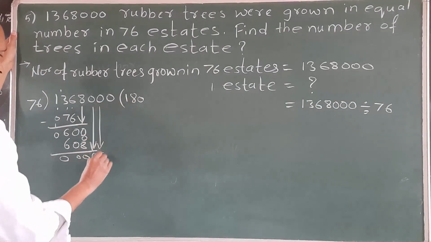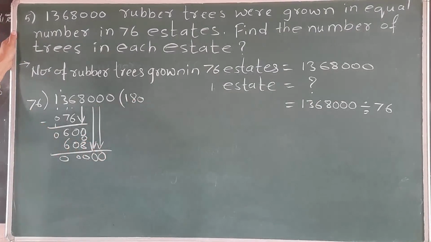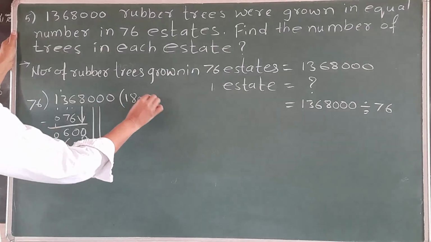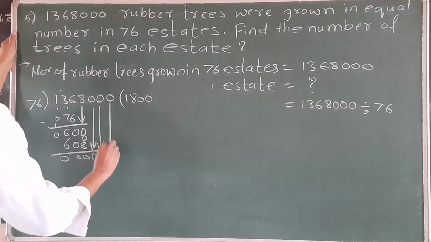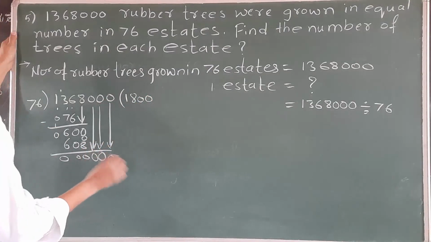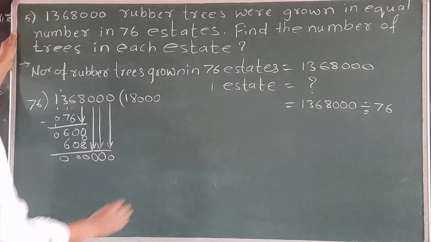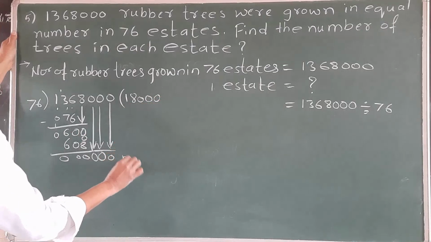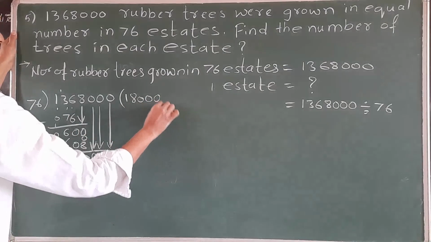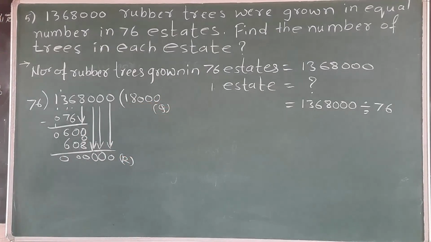Take the next one, once again 0 is not there, write 0, and take the next one down, it becomes 0 only. Not in 76 table, so write 0, and this is the remainder and this one is the quotient. 18000 is the answer.